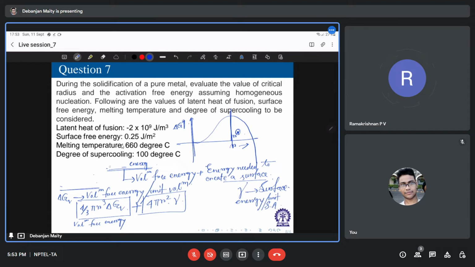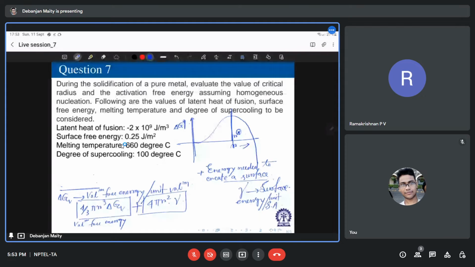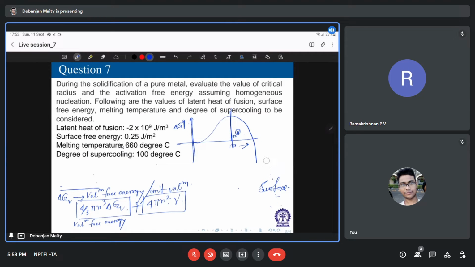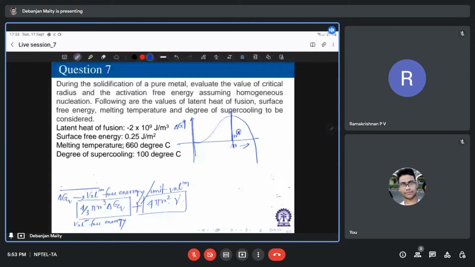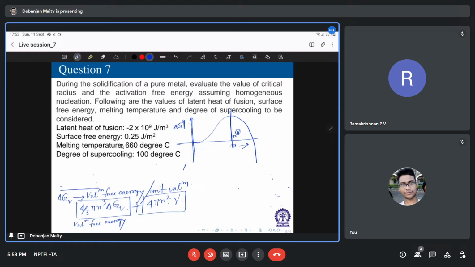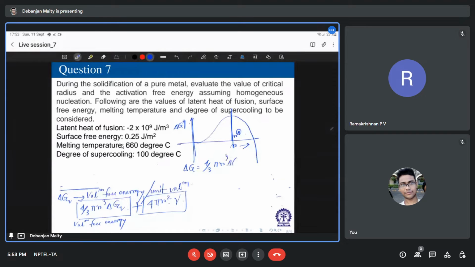Yes, sir. So whenever you talk of some free energy, you want to minimize it, right? So you have the function of this total free energy, delta G is your 4/3 pi r cube delta GV plus 4 pi r square gamma.